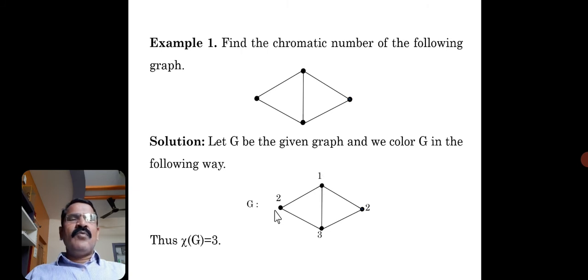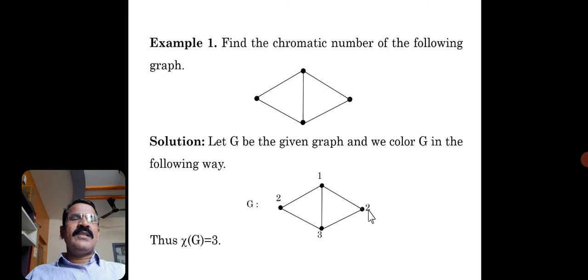Then if you come to this vertex, these two are adjacent vertices, so that's why I have colored it with 2. Now if you consider this vertex, it is adjacent to both the vertices which are assigned the colors 1 and 2. So you cannot assign 1, and you cannot assign 2. So that's why we have to assign the color 3 for this vertex.